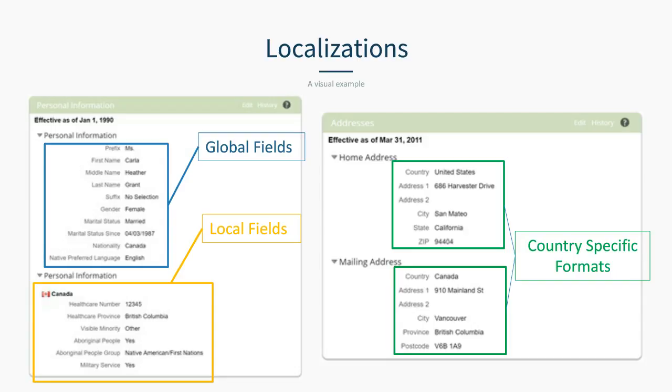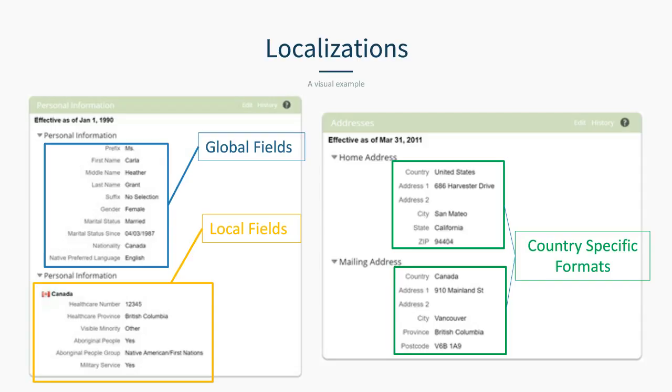Now you can take it one step further, and you can allow for fields to be present in multiple countries and not in others. An example would be fields that are required information only for countries in North America. So you may have a field like healthcare number visible for United States employees, Mexico employees, and Canada employees, but nowhere else in the world.